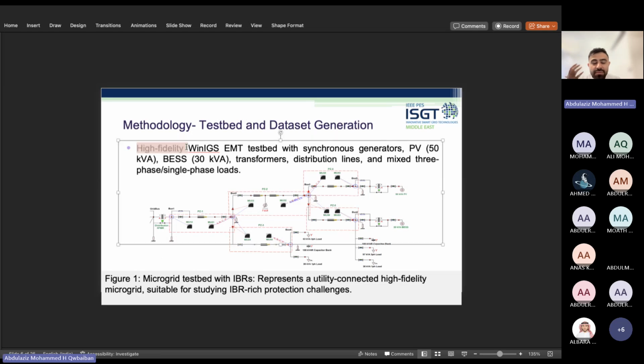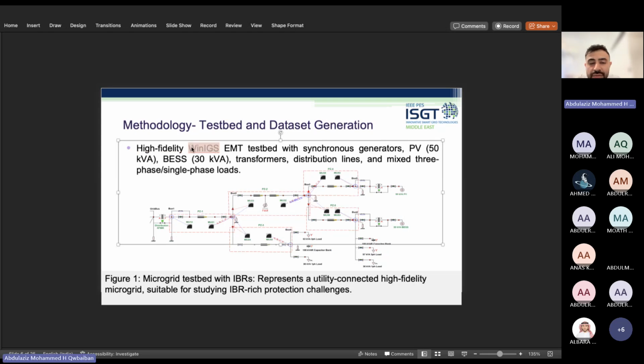So what is this system? This is a high fidelity. إيش معنى high fidelity؟ High fidelity يعني well built, high confidence.